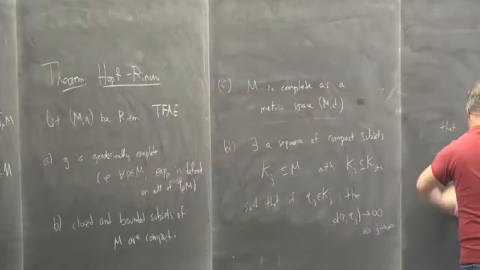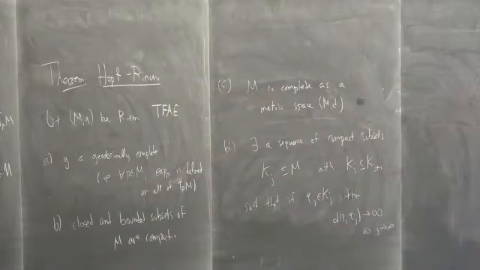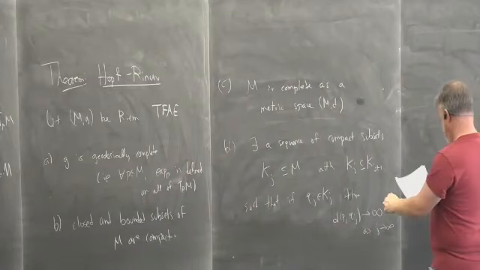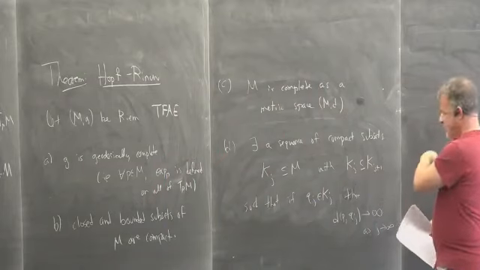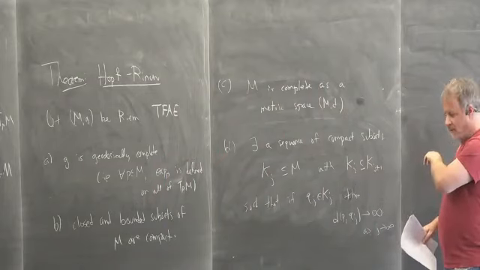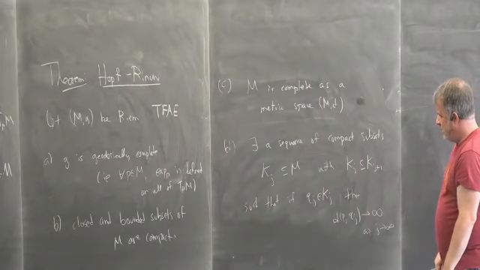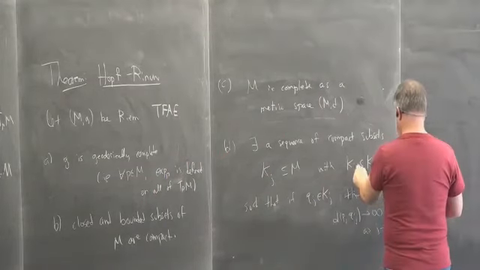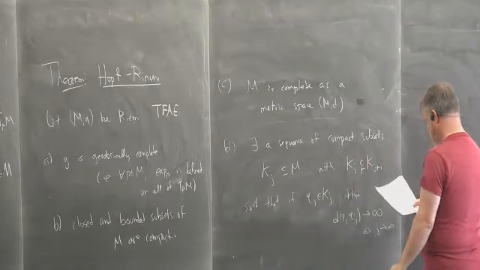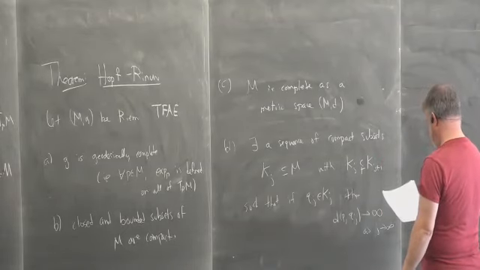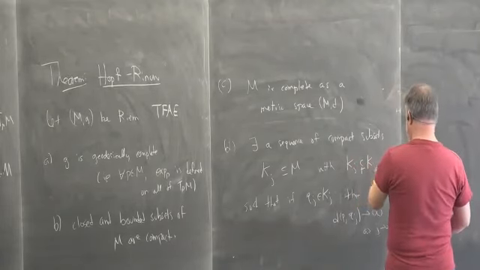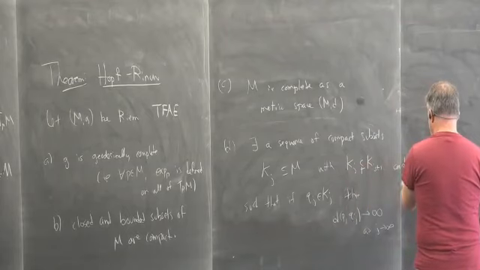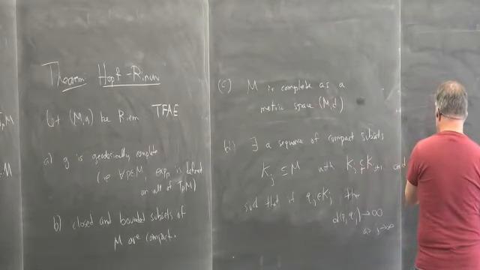No, they're getting bigger. And the union from j equals 1 to infinity of K_j equals M. It's an exhaustion.